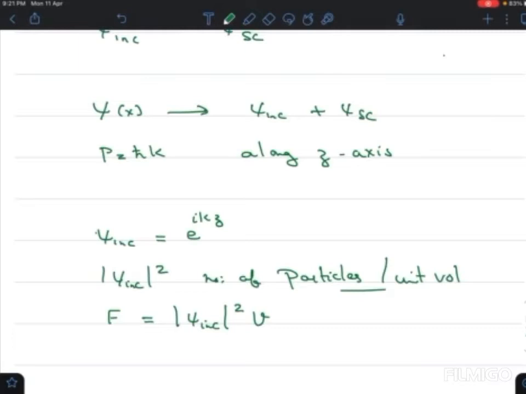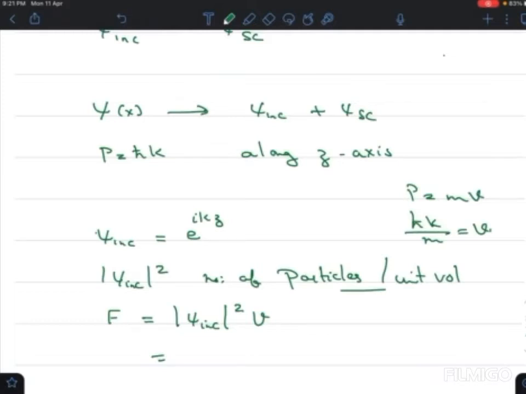Now what is v? In terms of momentum, we know that p is equal to m times v, and p is nothing but h cross k, so v is h cross k divided by m. We can substitute that here. The modulus of psi incident squared, we can put as 1, because we have the probability as 1.